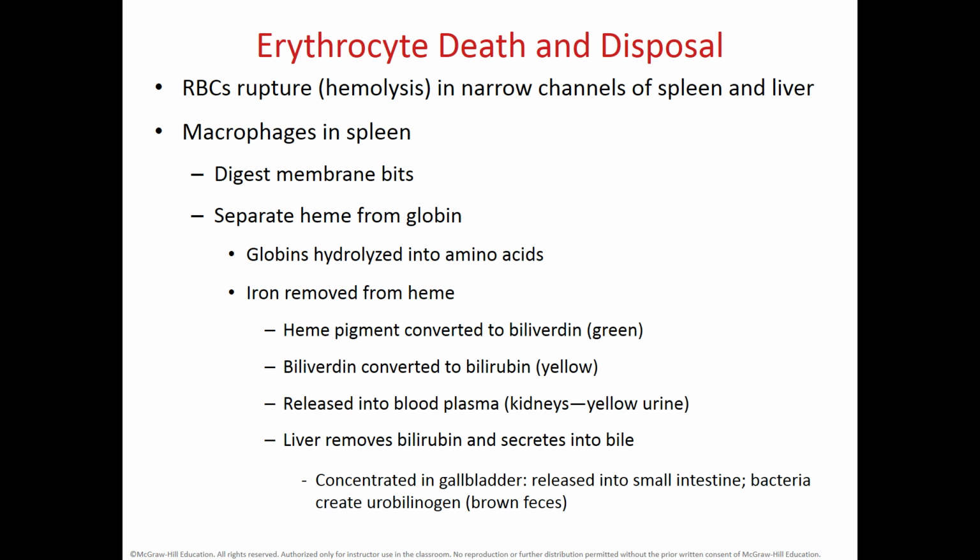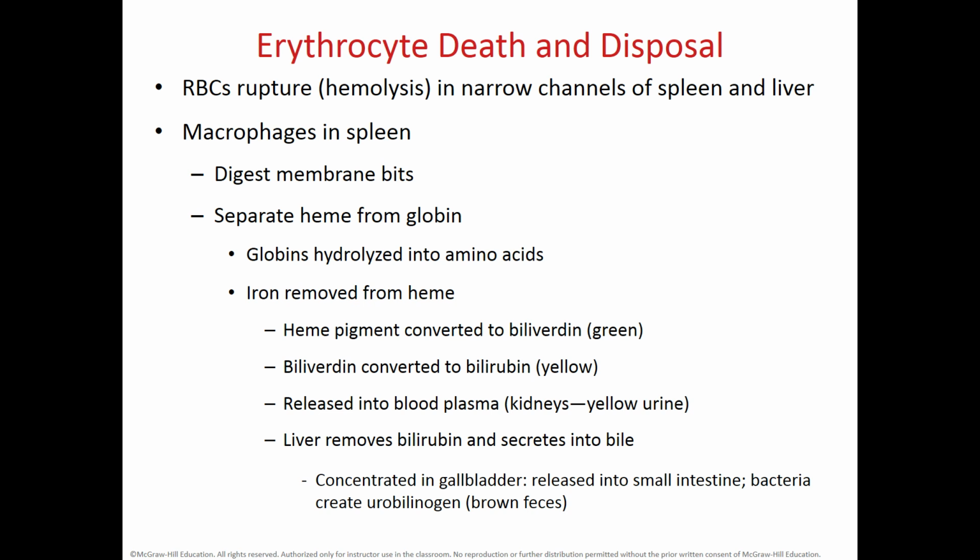Okay, now whenever you reach 120 days, or whenever you have damage to your red blood cells, you need to replace them, and you need to recycle them at some point. Now you can have this rupture of the red blood cells, which is known as hemolysis, and this hemolysis happens within the tissue of the spleen and the liver.